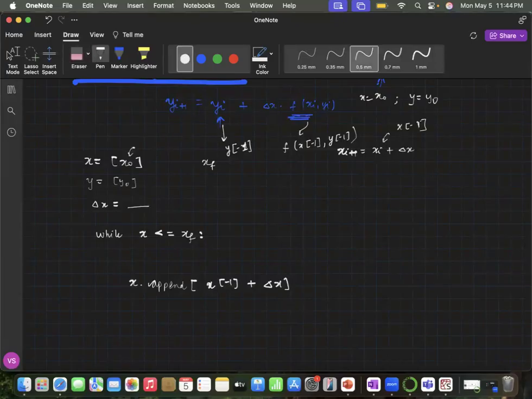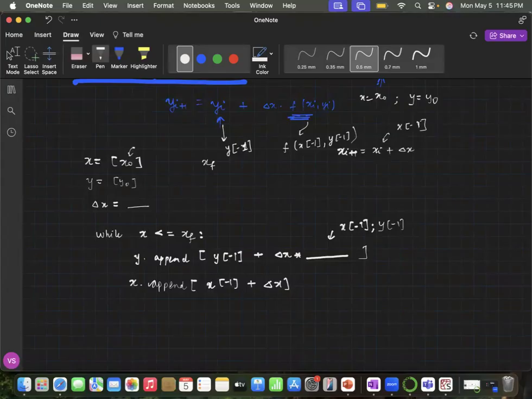And finally, over here, I'll say y dot append the last value of the y array plus delta x times whatever the function is. So I'll evaluate the function over here at x minus 1 and y minus 1, right? So that is what we are going to do, right?